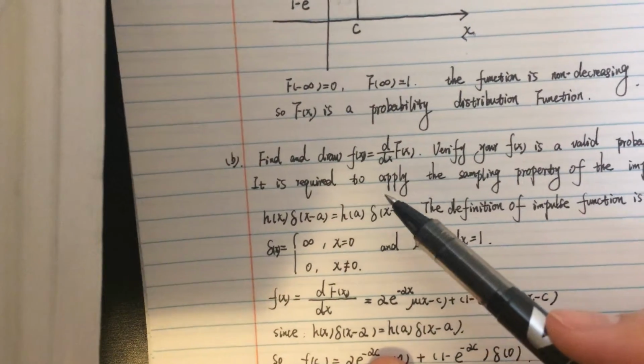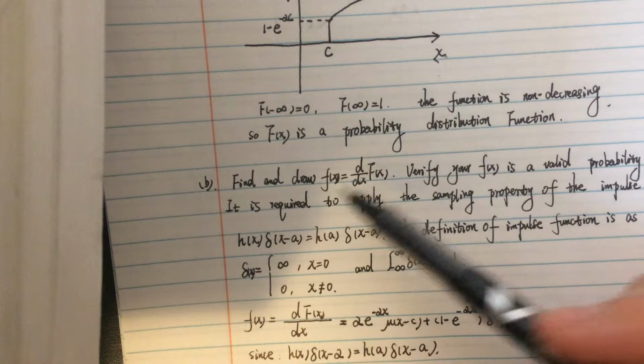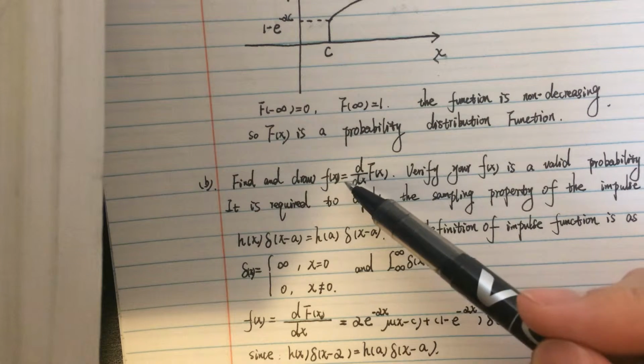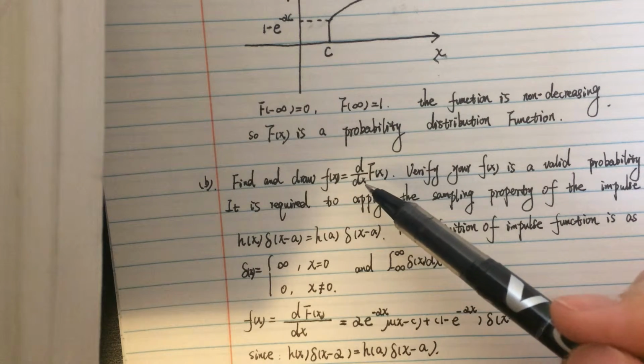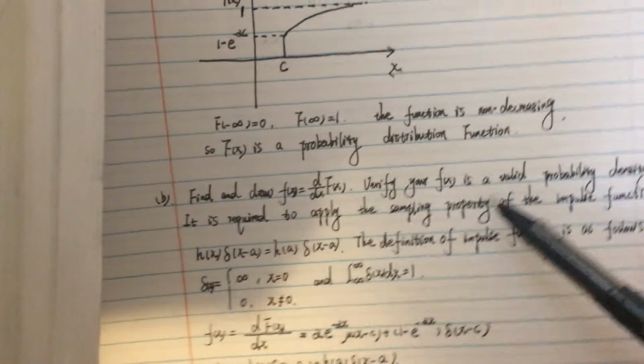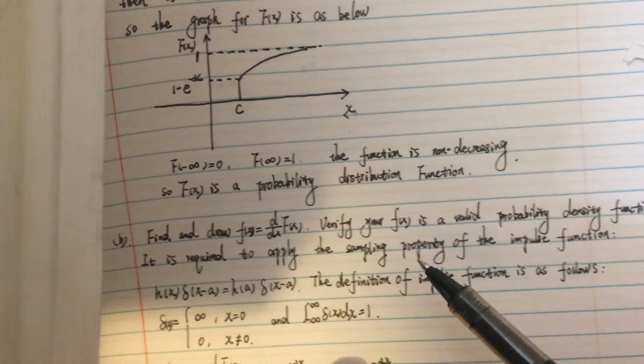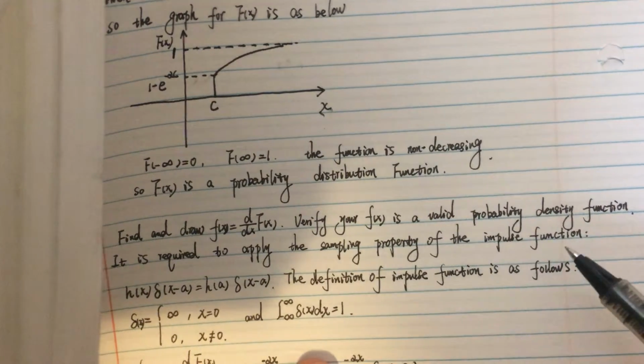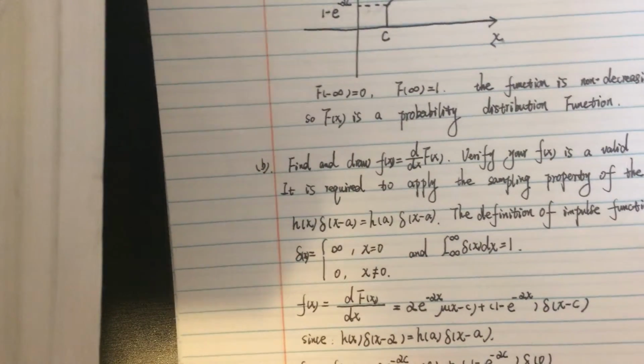And the second question is to find and draw f(x), which is the derivative of F(x), and verify that f(x) is a valid probability density function. So let's begin.